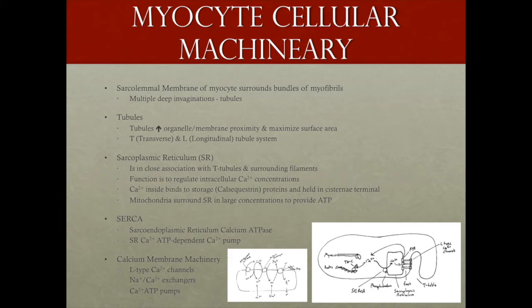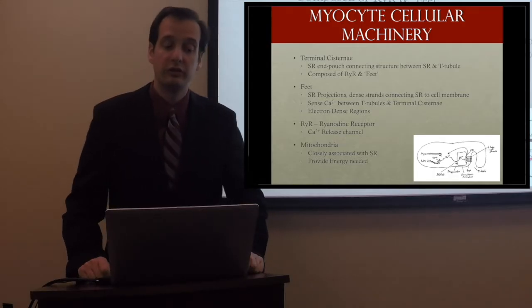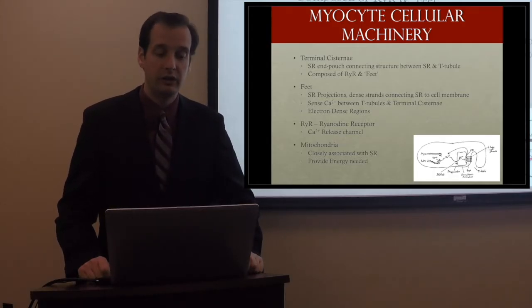We also need to remember our calcium cell membrane machinery that we discussed in our last lecture. We have our slow inward calcium channels, sodium-calcium exchangers, and calcium ATP pumps. The terminal cisternae is a sarcoplasmic reticulum end pouch connecting structure between the sarcoplasmic reticulum and the T tubules.